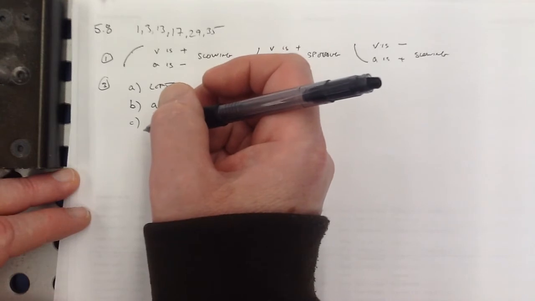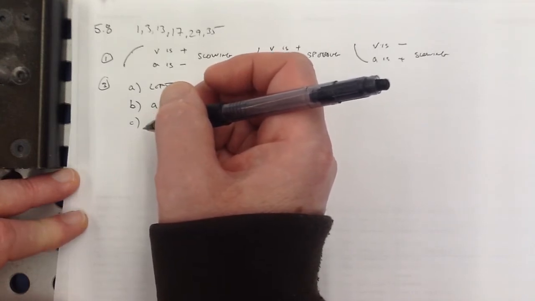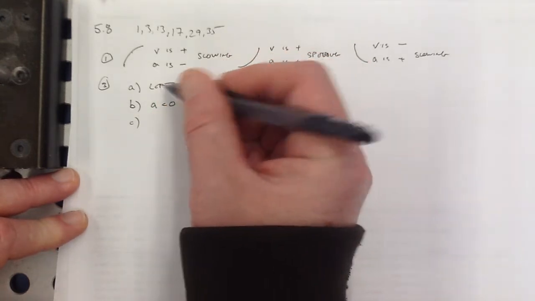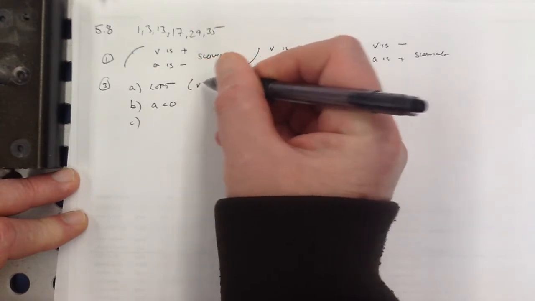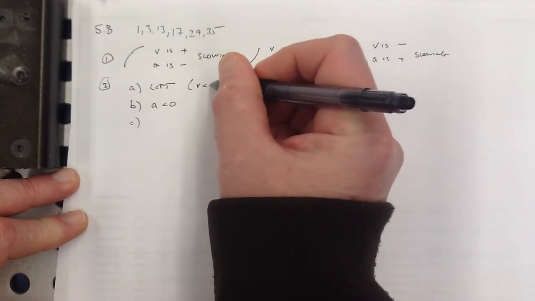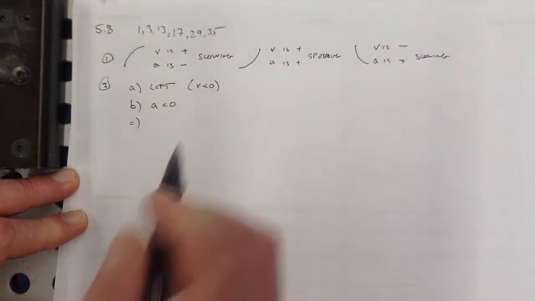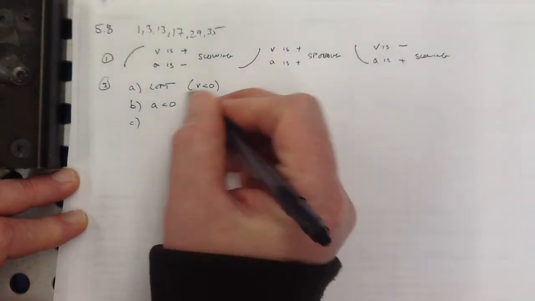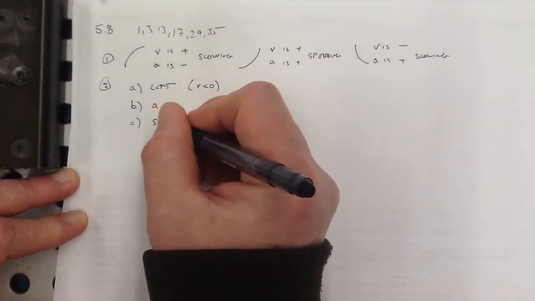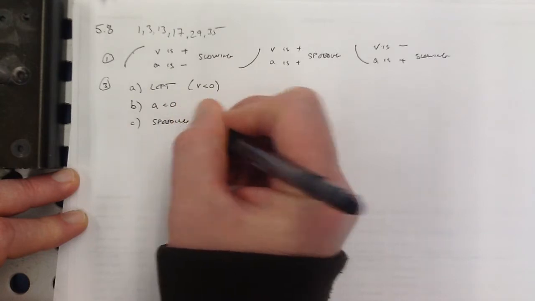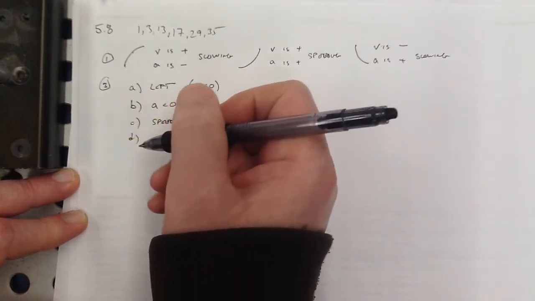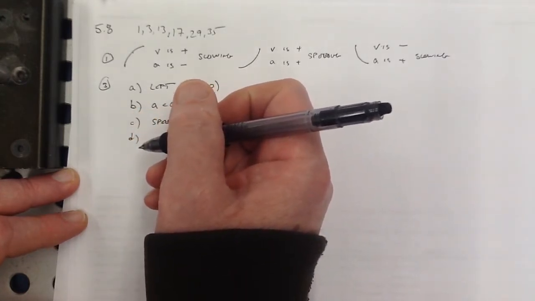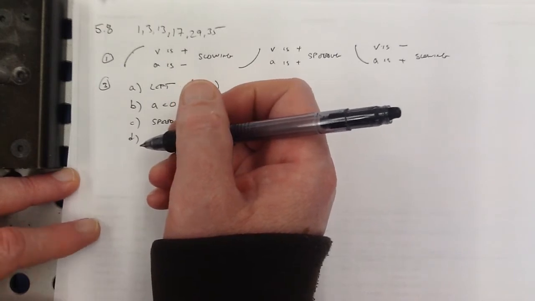For part C, is the particle speeding up or slowing down at time t sub 0? Well, if it's moving left, that's the same as saying the position is decreasing, that's the same as saying the velocity is negative. So if those are both negative, then we're speeding up because they agree with each other. Is the particle speeding up or slowing down at time t1?